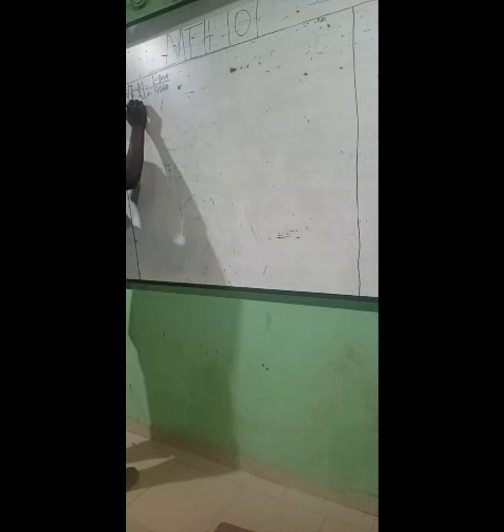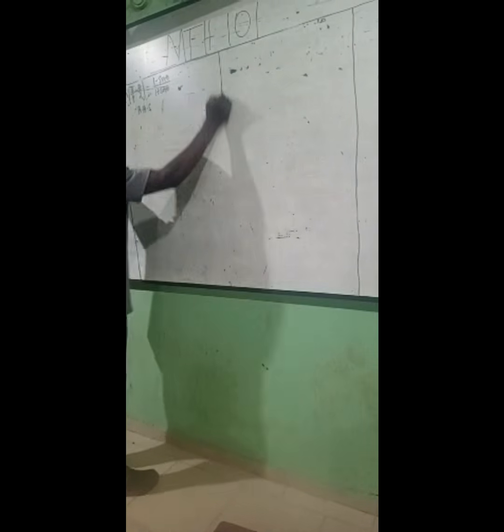Now for the right hand side, that is tan square 5 over 4 minus theta over 2.